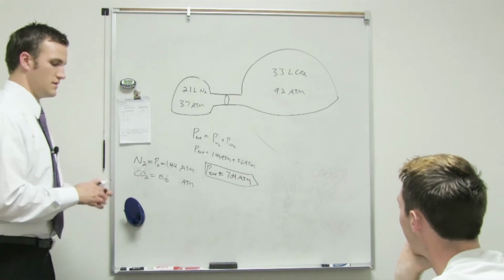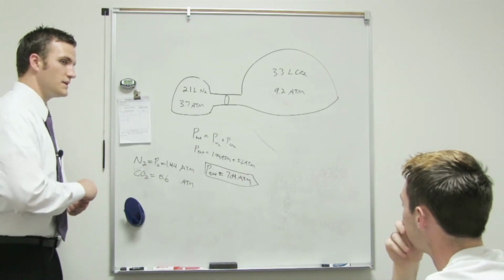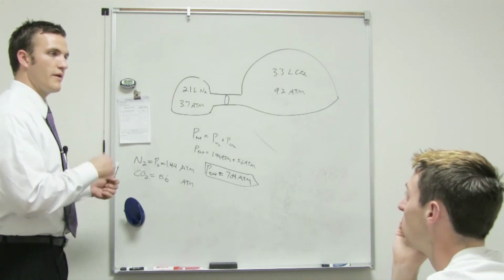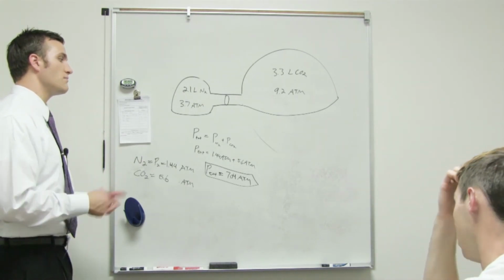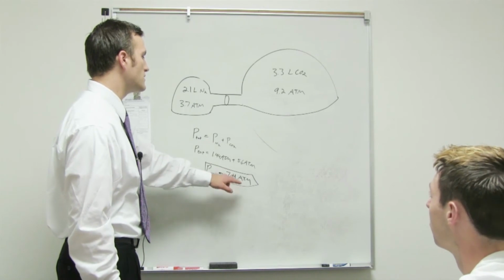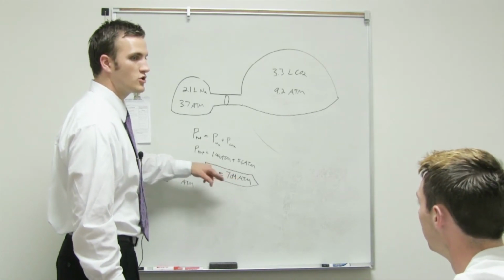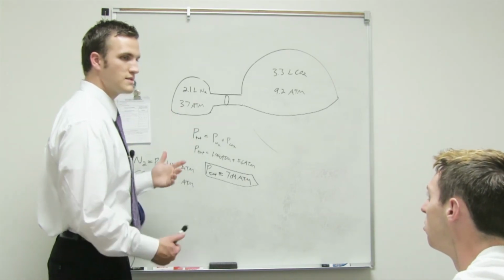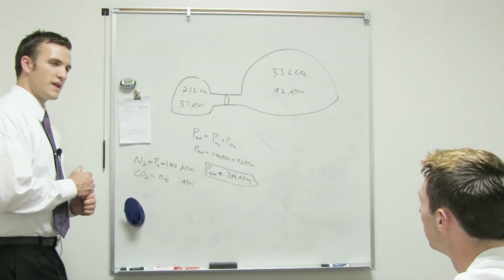Does that make sense? Does it make sense why you added them at the end? That makes more sense now. Because have you already talked about, like, if maybe he said the total pressure in this container is this, what's the partial pressure of N2? This is how many moles you've got. Have you guys gone over that yet? Not yet.